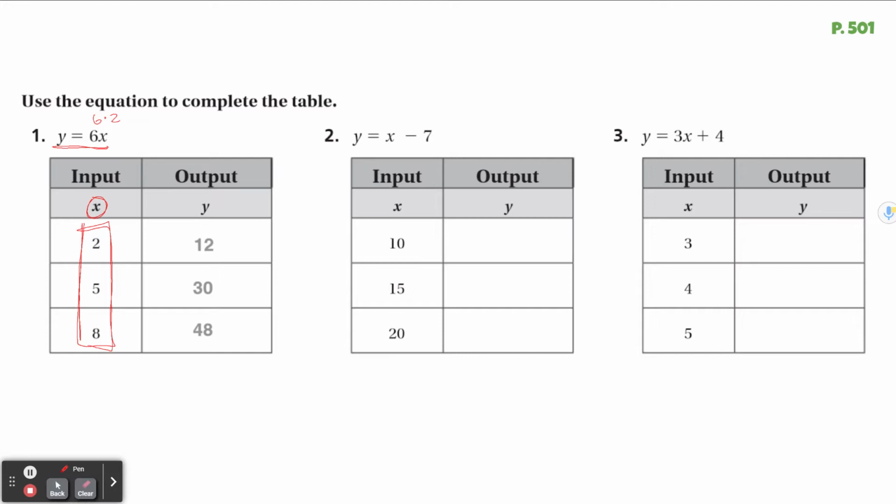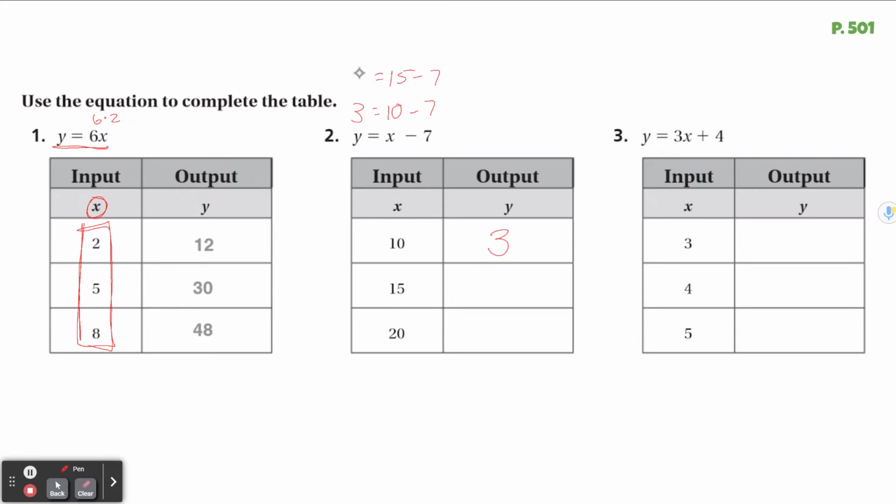All right, let's check what you guys did. Our first input is 10. Where this x is I'm going to put 10 and then minus 7. So 10 minus 7 is going to be 3. So our first output is 3. Our next input is 15, so I'm going to do the exact same thing. I'm going to put 15 and then minus 7.